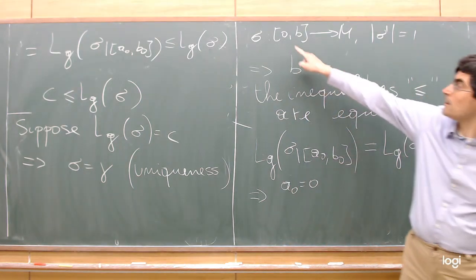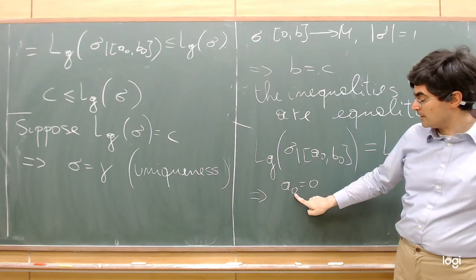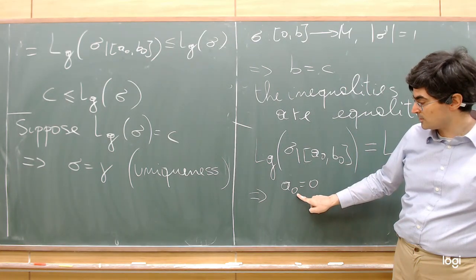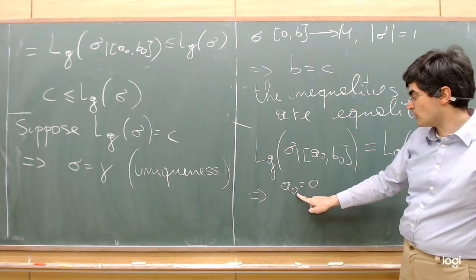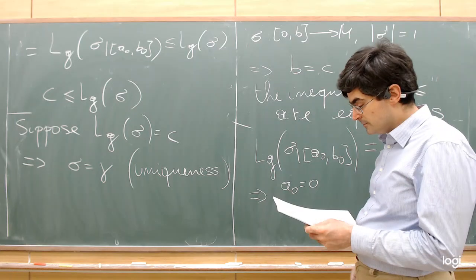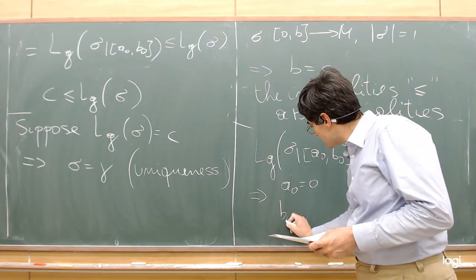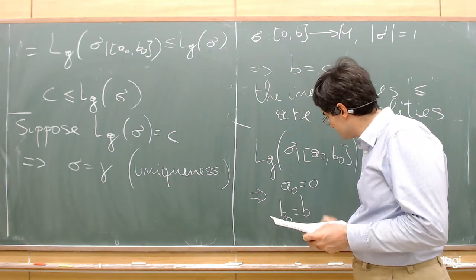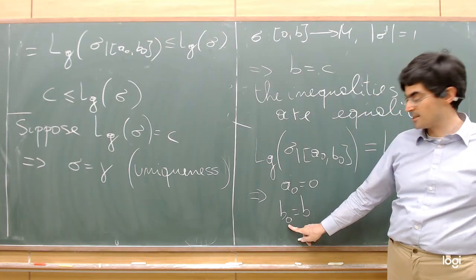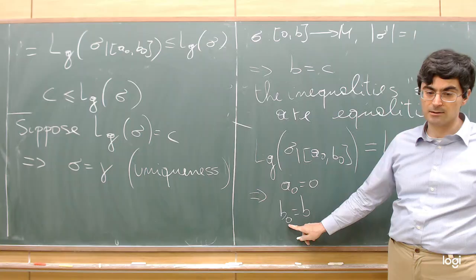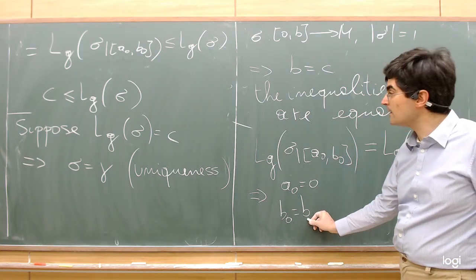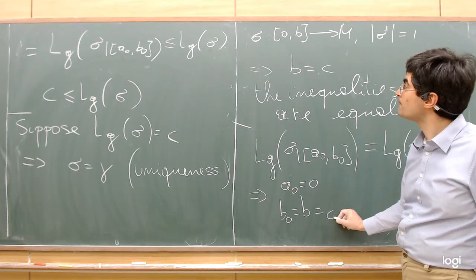That is the last value of t such that sigma coincides with p is 0, and b is the first time where sigma meets the geodesic sphere, and b is equal to c.